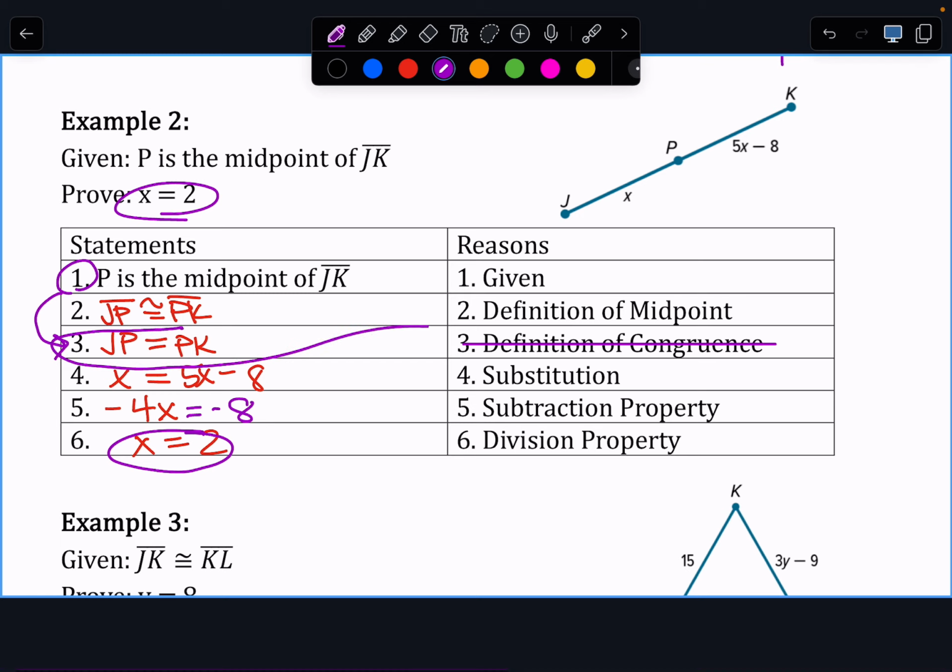You could do this as your second step and do this in 5 steps. Are you picking up what I'm putting down here? Lydia, did you say no? Wait, why? I don't get it. Okay, so what I'm saying is it would be okay for you not to do this step and just go, if P is the midpoint, I have two equal segments. Okay.